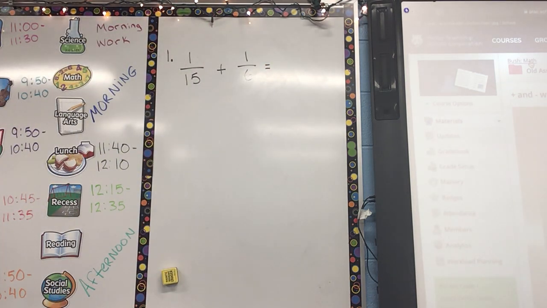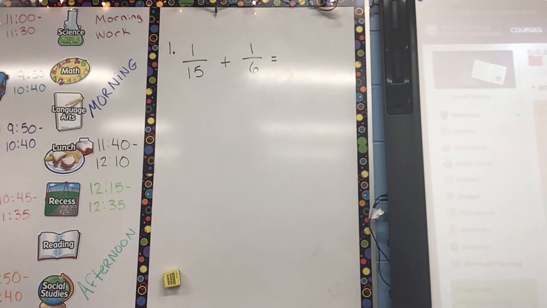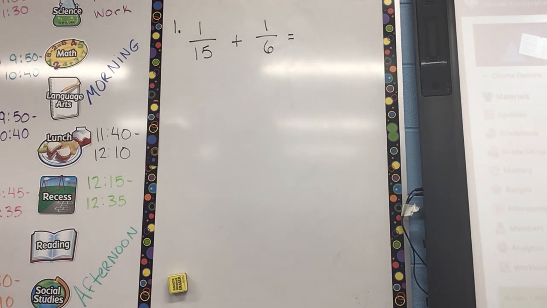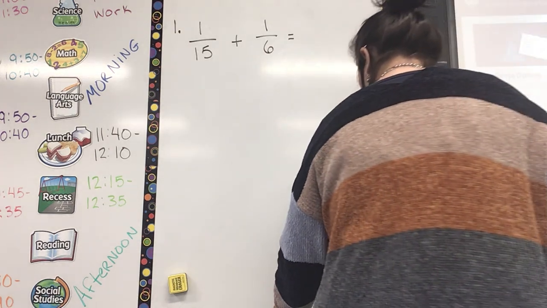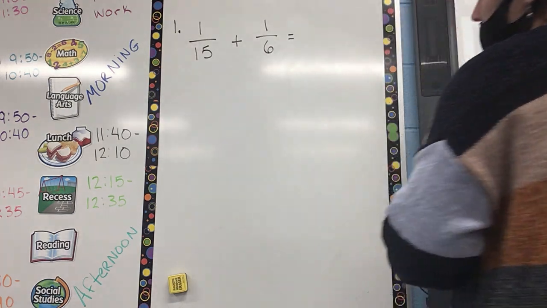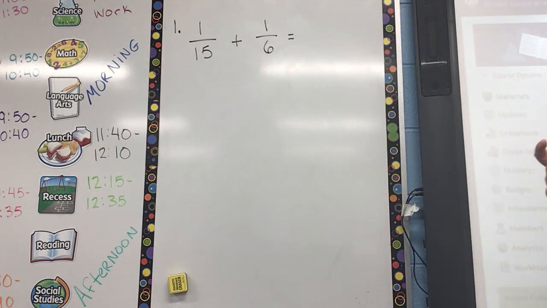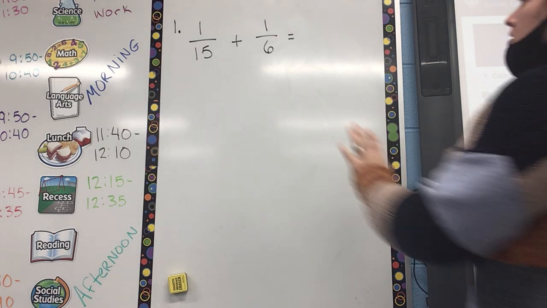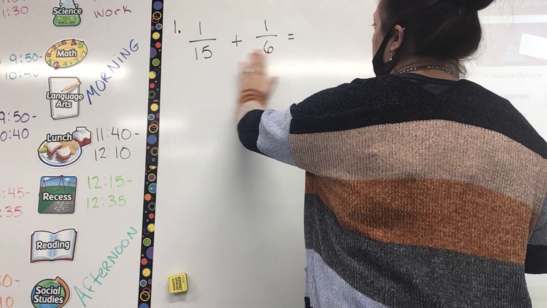Here is our first one that we're going to be taking a look at. 1/15 plus 1/6. Write that down. Let's walk through this first couple together. So I first want to look at my what? My denominators. Are they the same? Are they like?